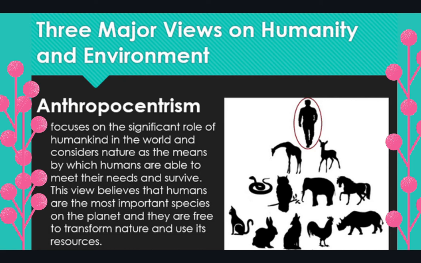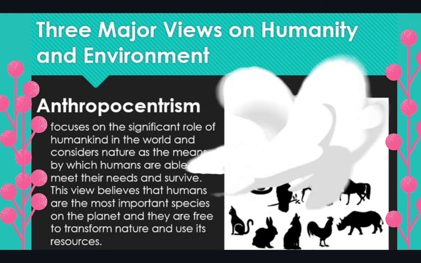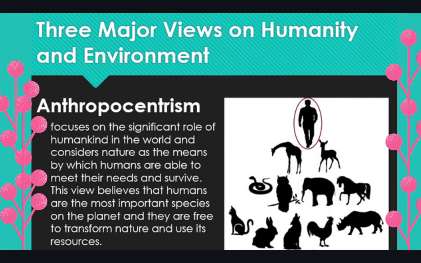This view believes that humans are the most important species on the planet and they are free to transform nature and use its resources. So, in simple terms, anthropocentrism considers humans the most significant species on the planet.